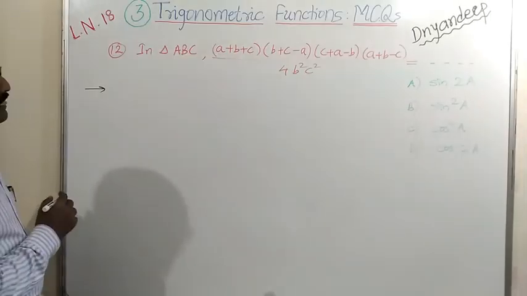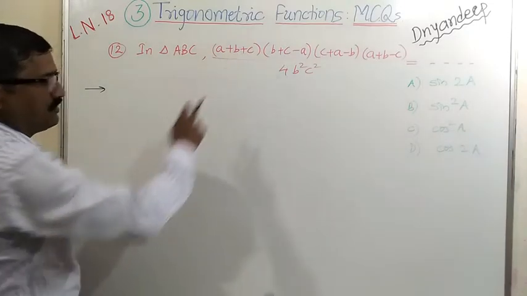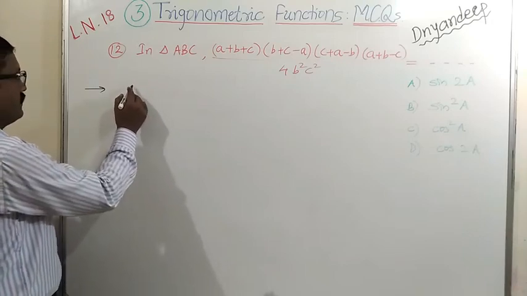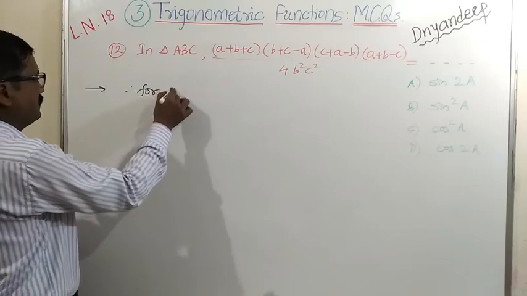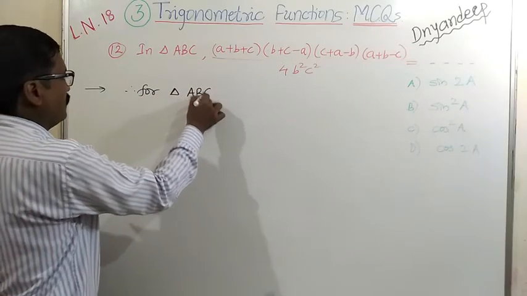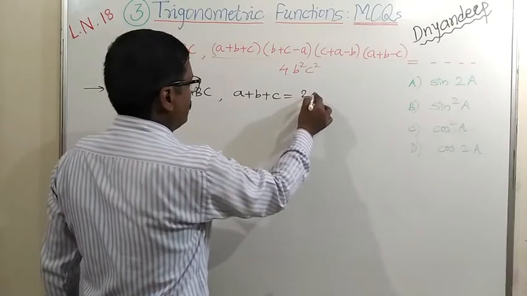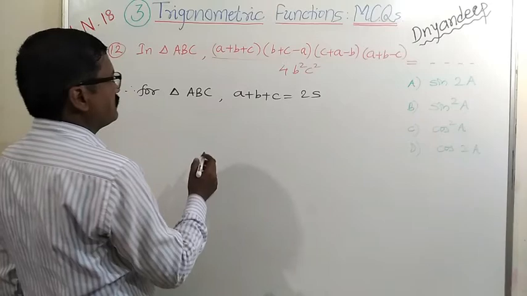Let us see the solution. Since the triangle is ABC, obviously small a, b, c are the sides of triangle ABC. Therefore, for triangle ABC, a + b + c is the perimeter of the triangle, that is twice the semi-perimeter.